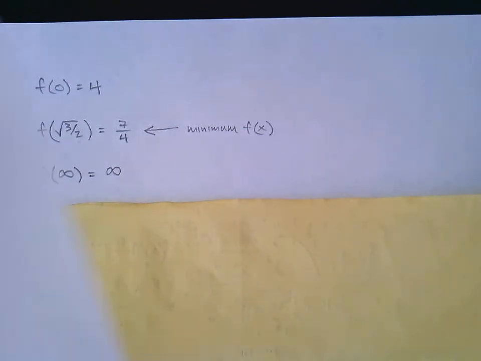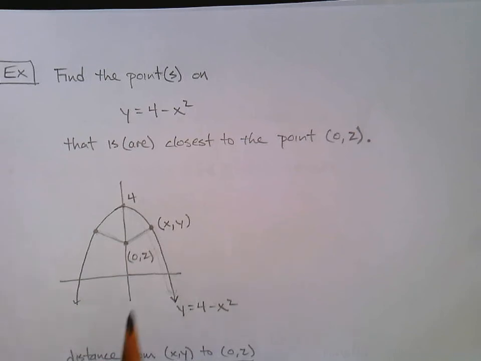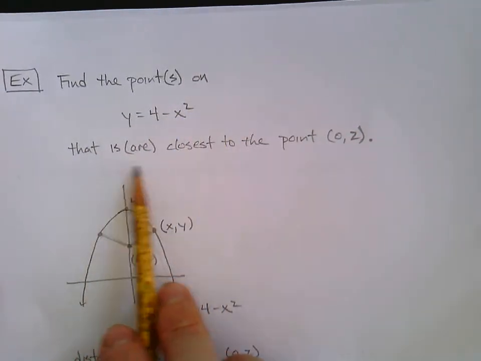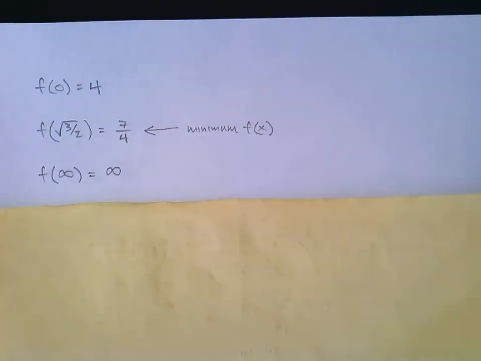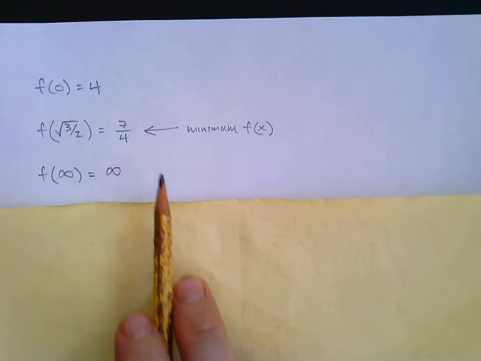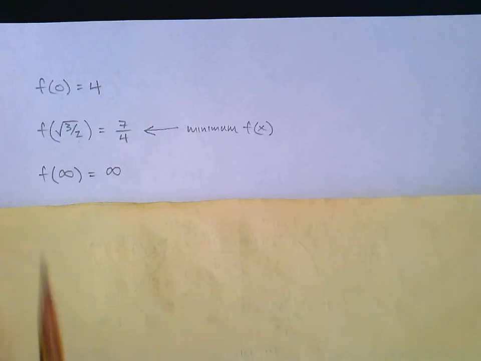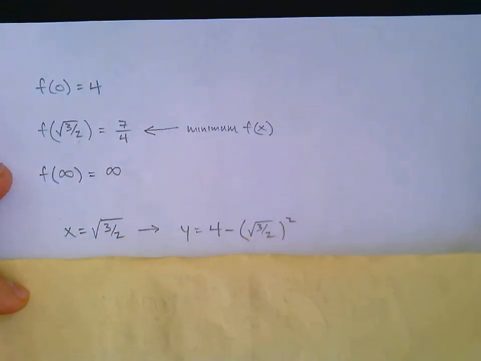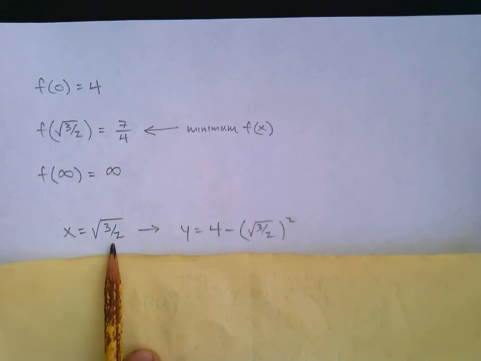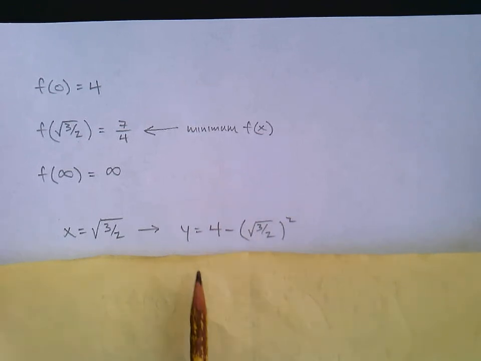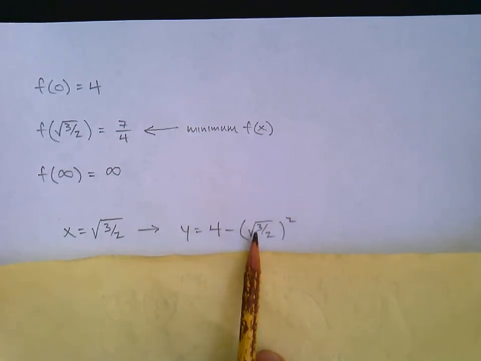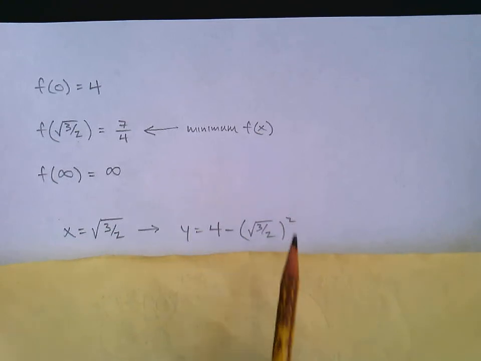Now, what exactly was the question? We go back to the original problem. Find the points that are the closest. Okay, it was the x and y coordinates. So that's the minimum f of x, but it came from x equals root 3 over 2. So we know that's the x coordinate of that point. We can plug in here to the constraint to find the y coordinate. So 4 minus square root 3 over 2 squared, kind of nice.